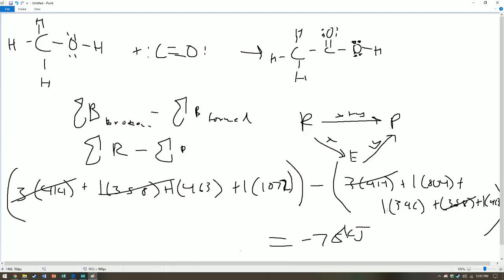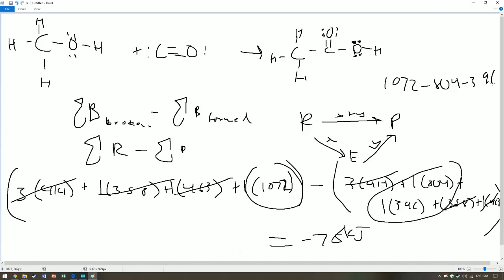And you never broke this CO bond, so that can go as well, this 463. The only bond you really broke was that one, and the only bonds you really formed were those two, so you could just simplify your expression to 1072 subtract 804 subtract 396.